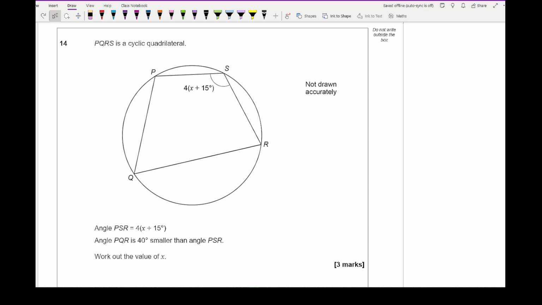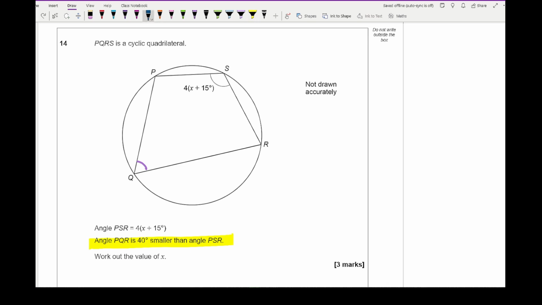So for this question, we know that opposite angles in a cyclic quadrilateral add up to 180. Now, using this statement here, the angle PQR, I don't know why I'm about to rule that line off, go for the highlighter, there we go, is 40 degrees smaller than PSR.